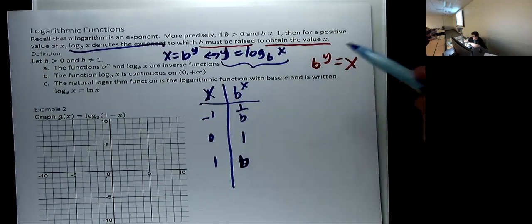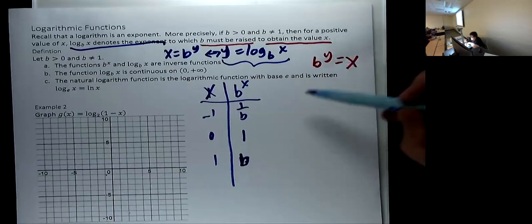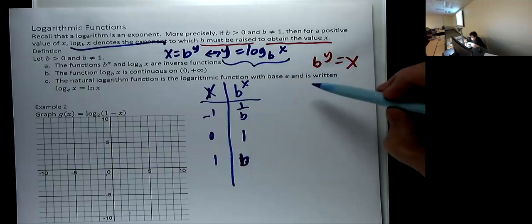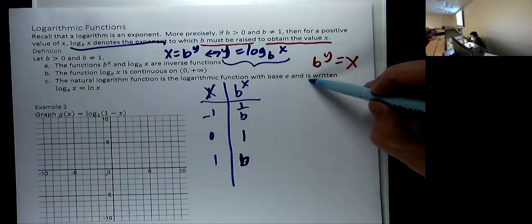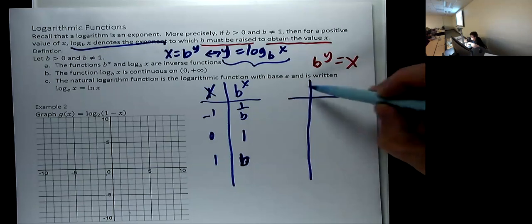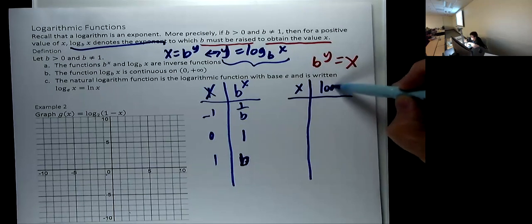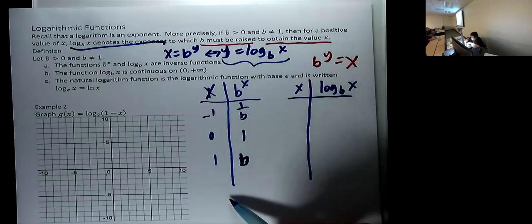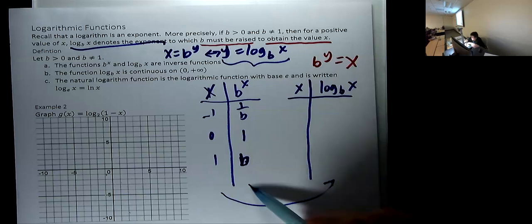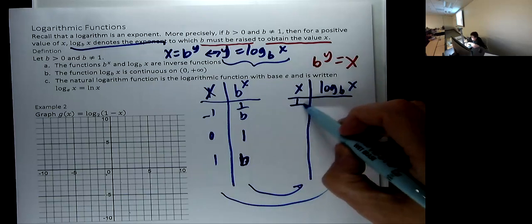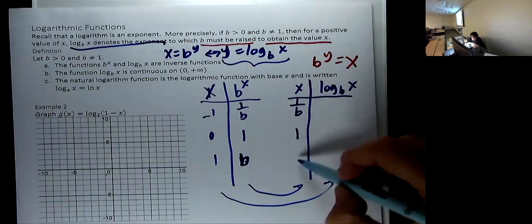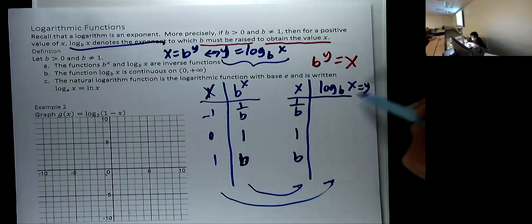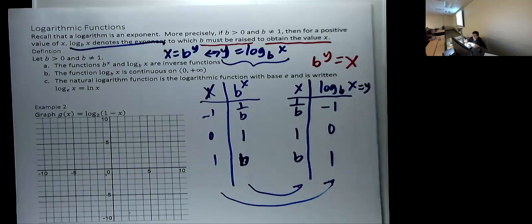When we have the log here, log b of x, these columns, since they're inverses, just switch. x equals 1 over b, x equals 1, and x equals b. And we get our y value equals -1, 0, or 1.